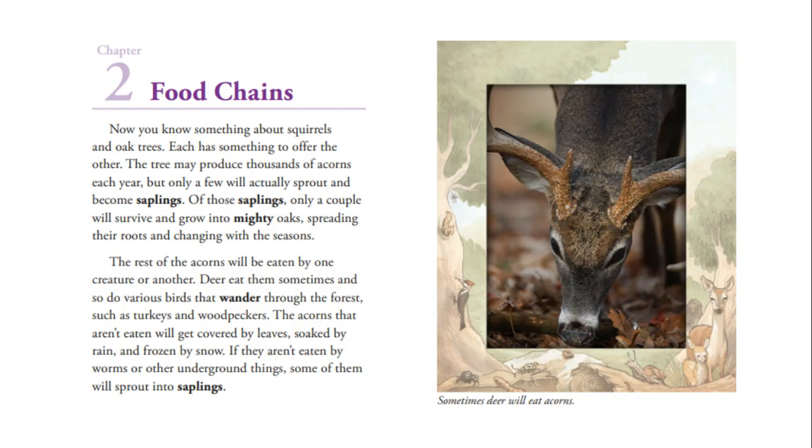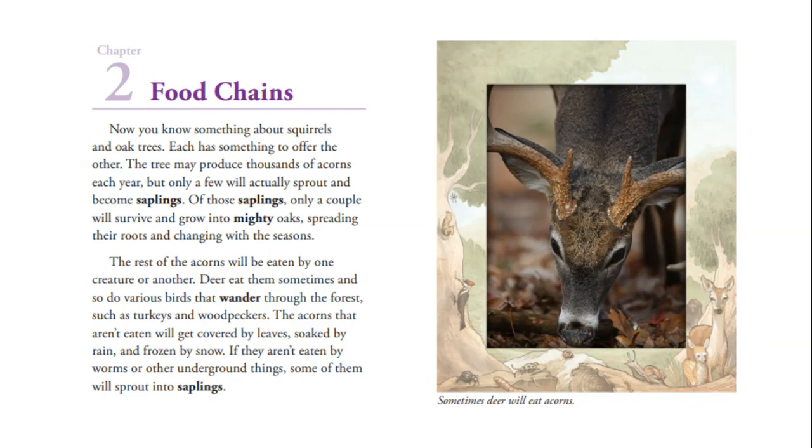Now you know something about squirrels and oak trees. Each has something to offer the other. The tree may produce thousands of acorns each year, but only a few will actually sprout and become saplings. Of those saplings, only a couple will survive and grow into mighty oaks, spreading their roots and changing with the seasons. The rest of the acorns will be eaten by one creature or another.